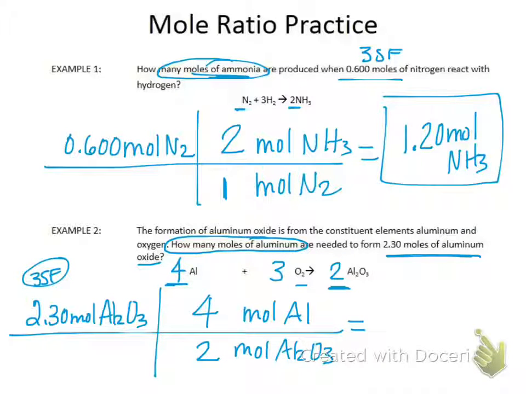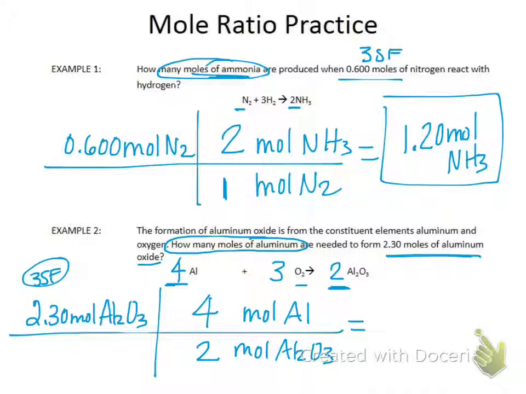All right, and now I multiply the top, divide by the bottom. So I do 2.30 times 4, make sure you hit equal, and then divide by 2. When you're putting this in the calculator, you have a couple of choices, and whichever way you like is your personal preference. You can multiply the top, hit enter, divide by the bottom.